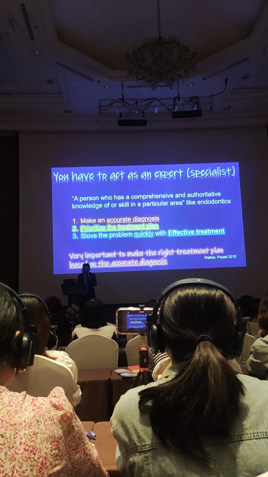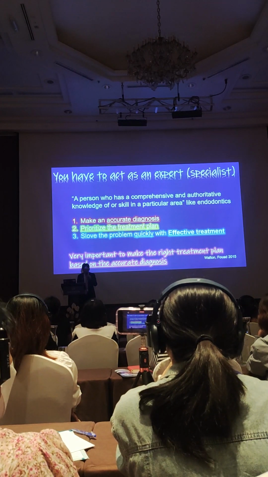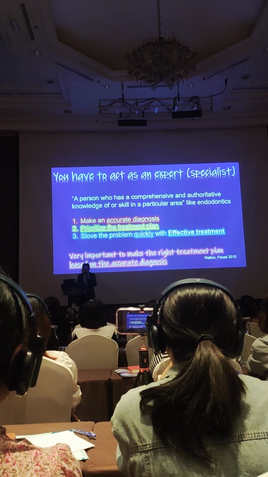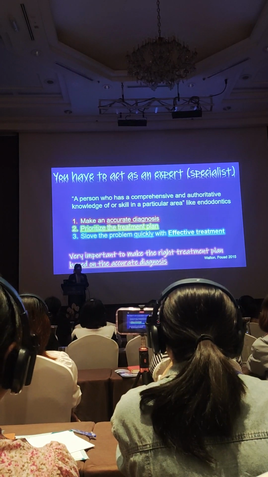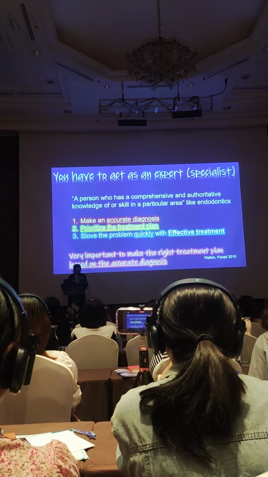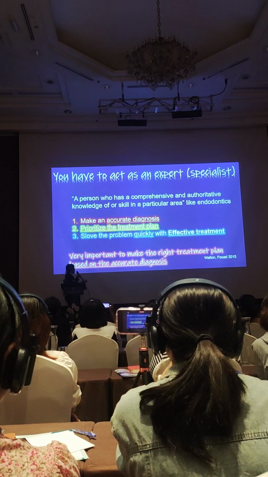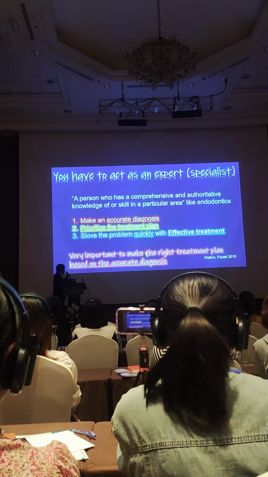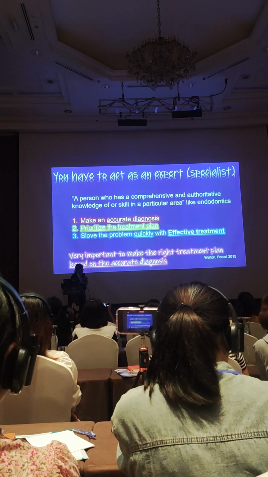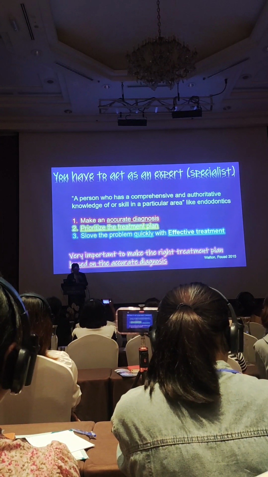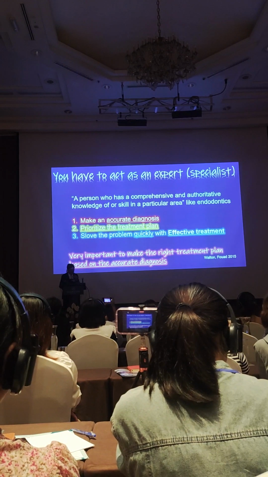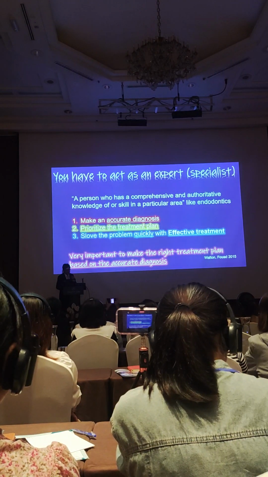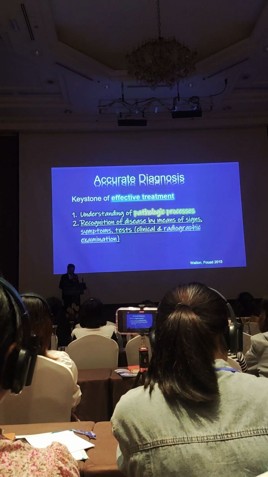So specialists can make an accurate diagnosis, prioritize the treatment plan, and the specialist can solve the problem in a shorter time, very quickly, with effective treatment. So you need 3 things: accurate diagnosis, prioritize the treatment planning, and you can solve the problem quickly, not slowly. Then you are very good at endodontic treatment. So what is the accurate diagnosis?